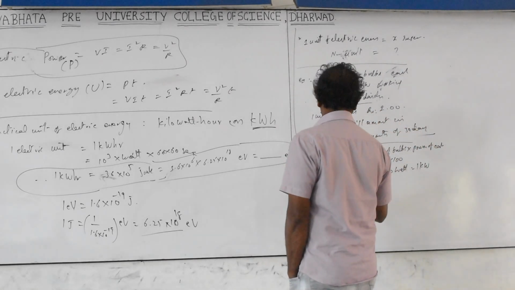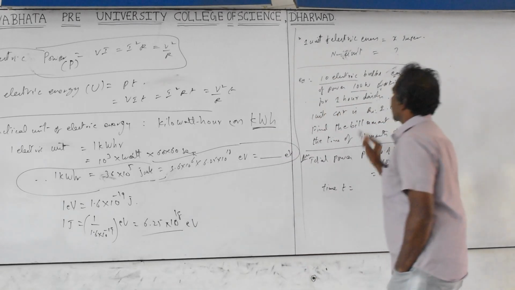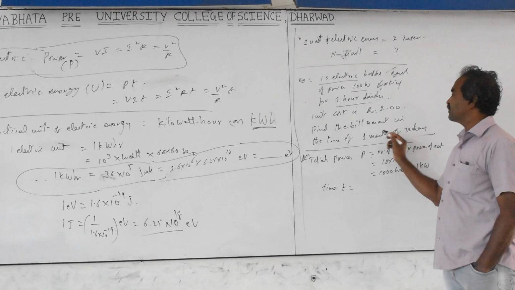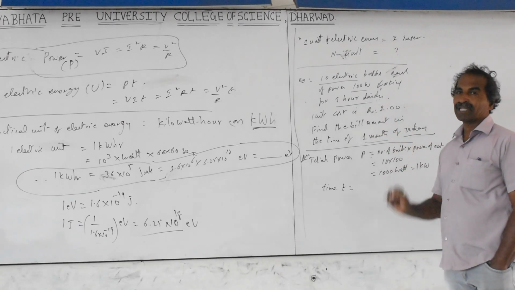And time T is 1 hour every day, but you have to calculate the bill for 1 month. 1 month means 30 days. So the total time becomes 30 hours.